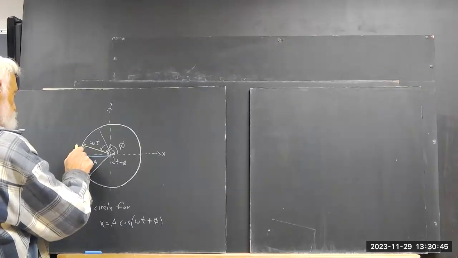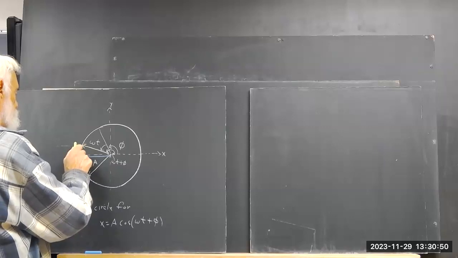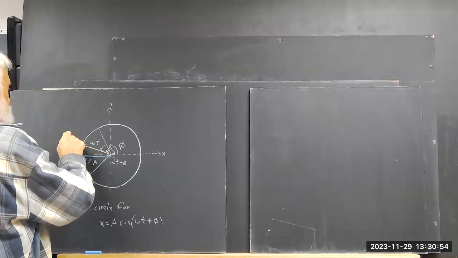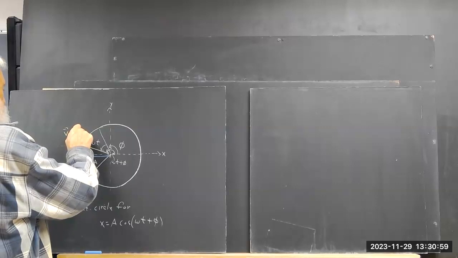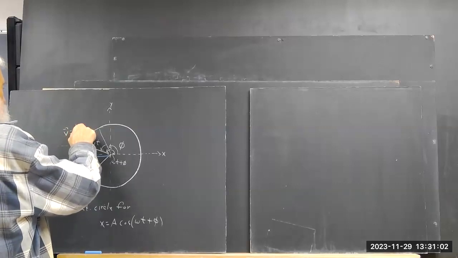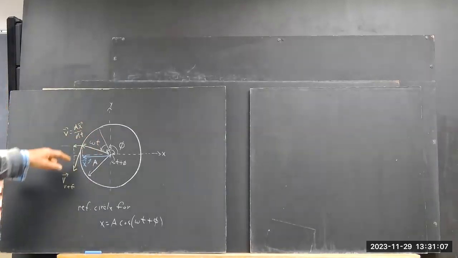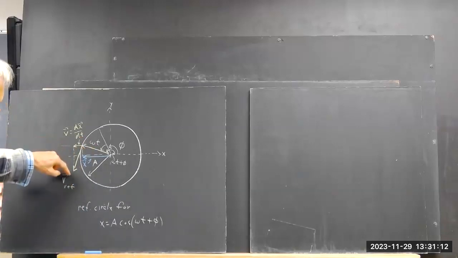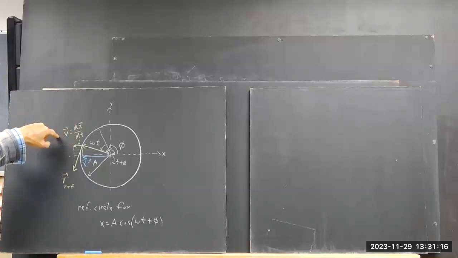So this component of the reference vector is your dx/dt, the velocity of your actual oscillator. Does that make sense?